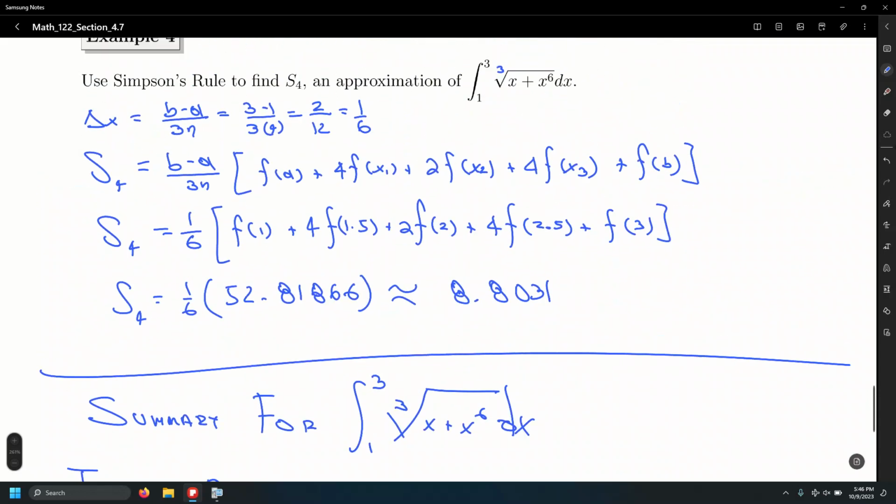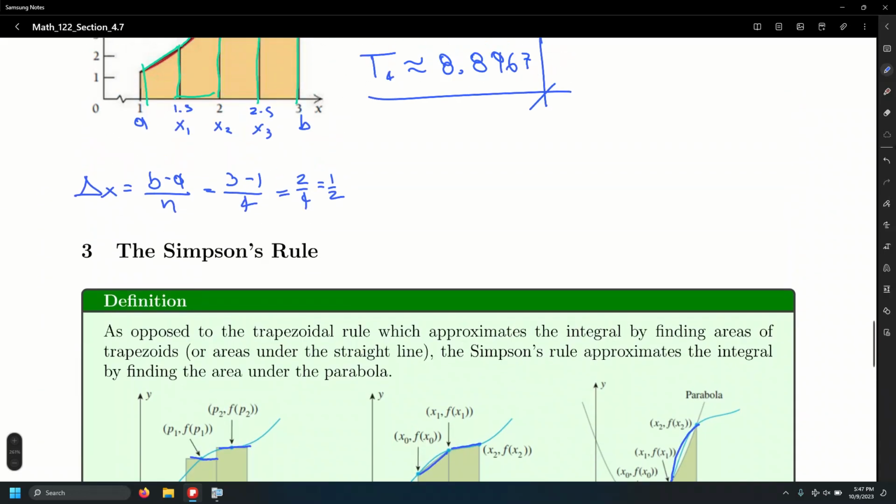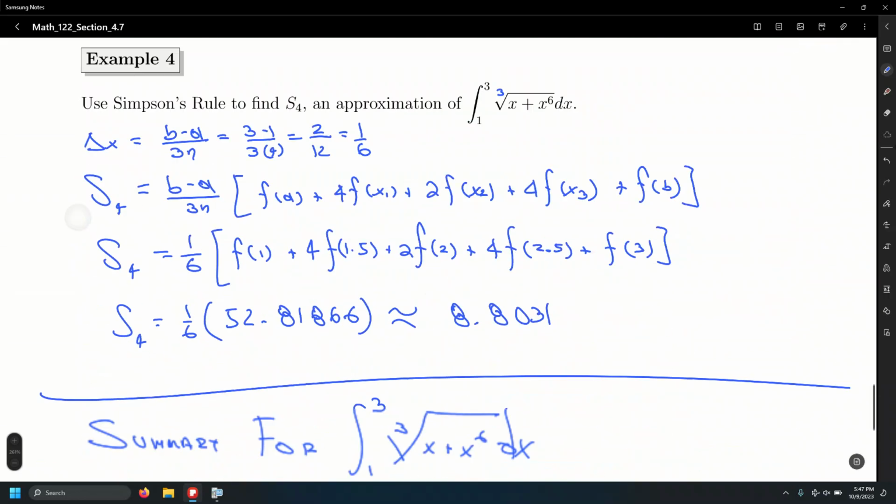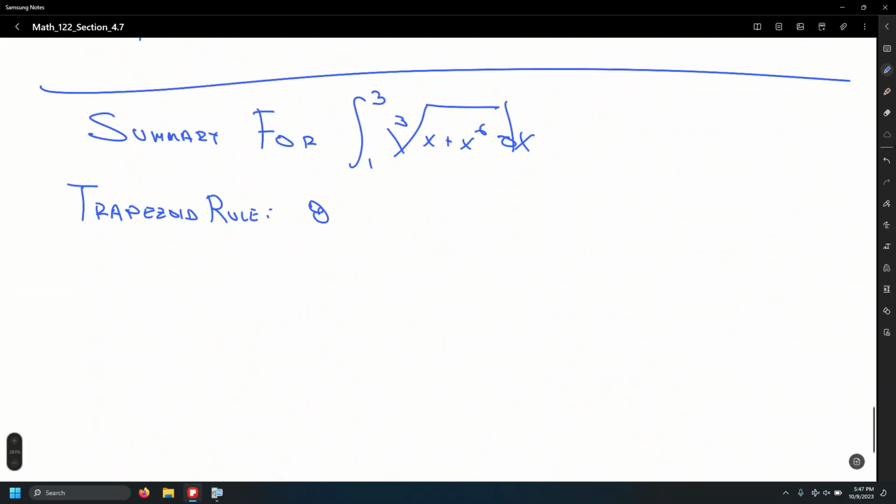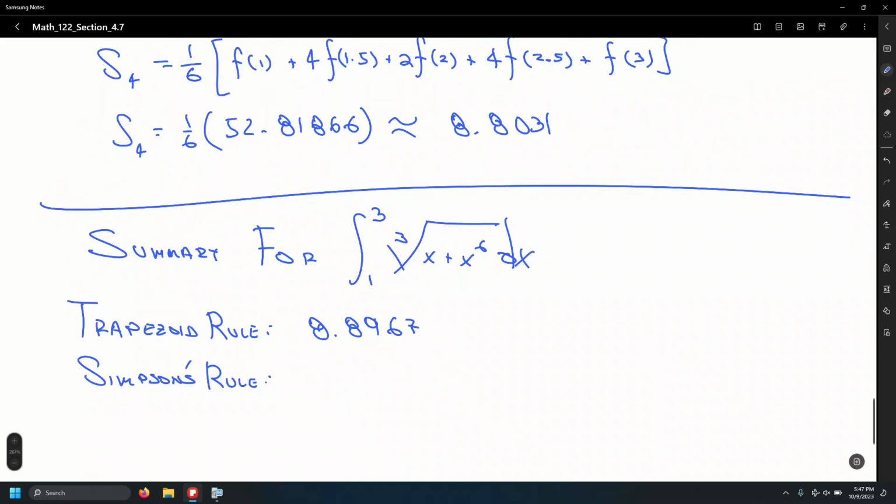What did that give us? That gave us 8.8967. Using Simpson's rule, that gave us 8.8031.